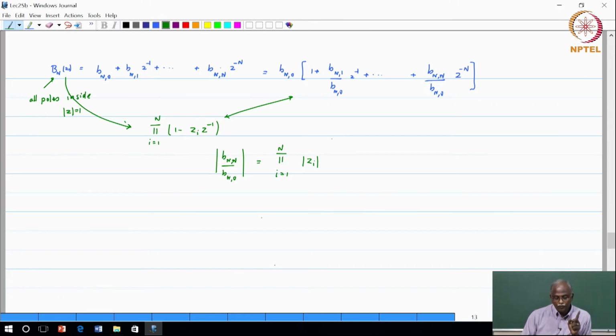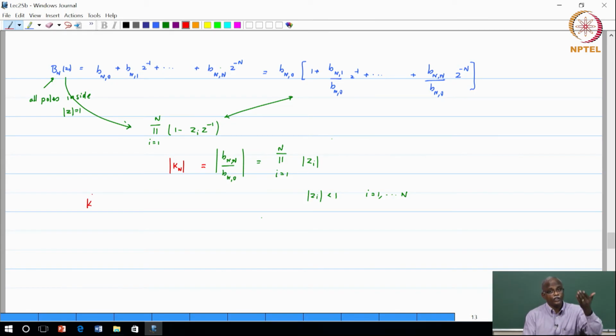Now, we are told that the all pass is causal stable. So, all mod Zi less than 1 for all values of i equal to 1 through n, and this, if you remember, is also the definition of Kn. So, this is equal to mod Kn. So, the second assumption we have also validated.